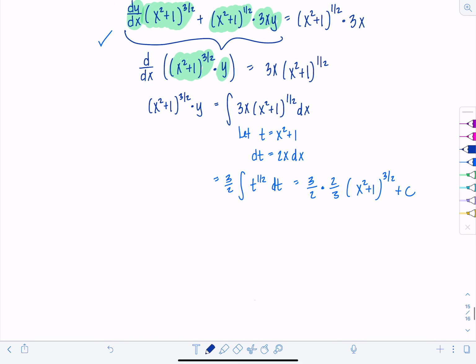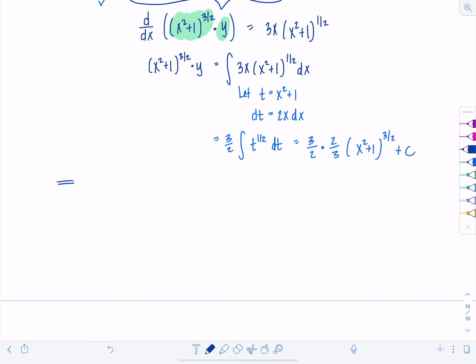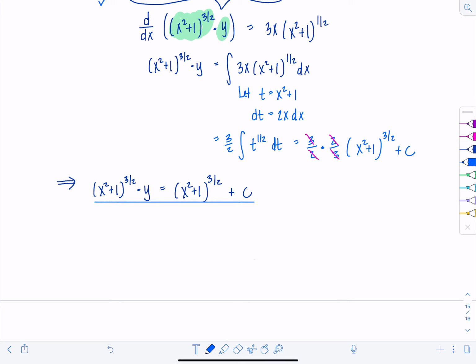Okay, let's put it all together. So left-hand side, we didn't forget about you. X squared plus 1 to the 3/2 times y equals, this is all canceled out. So I just have x squared plus 1 to the 3/2 plus c. Now I'm going to divide the whole equation by x squared plus 1 to the 3/2. And I get y equals, that's just going to be 1 plus c over x squared plus 1 to the 3/2.